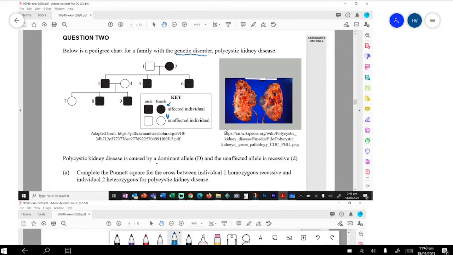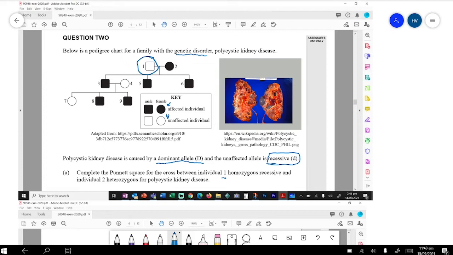Now, let's read a little bit further. Polycystic kidney disease is caused by a dominant allele, and the unaffected is recessive. Complete the Punnett Square for the cross between individual 1, which is homozygous recessive.